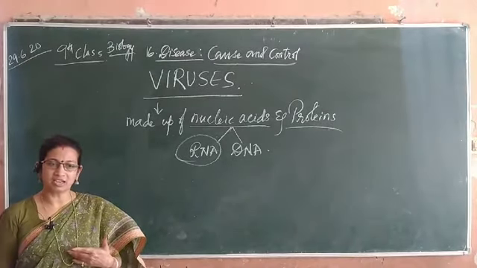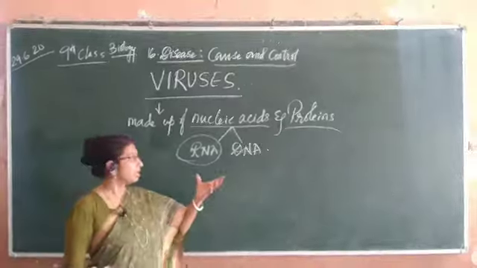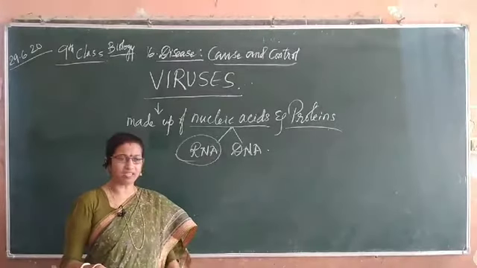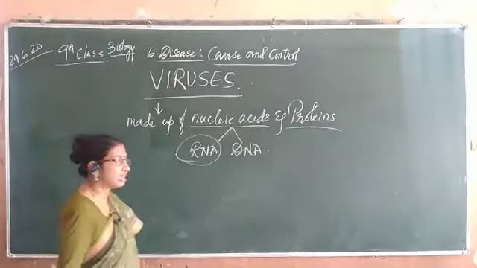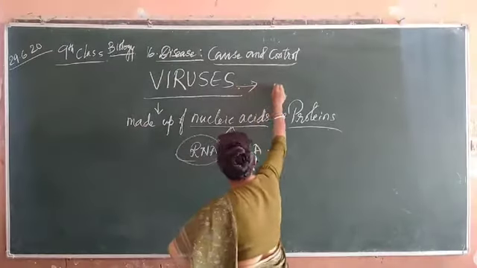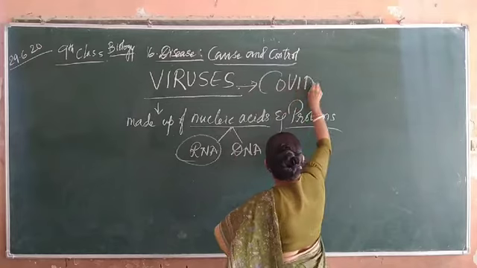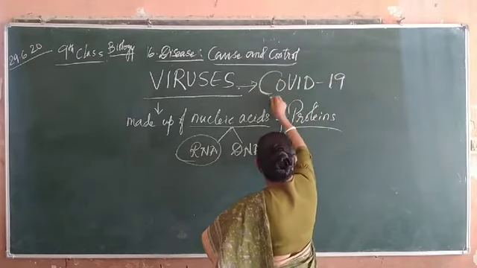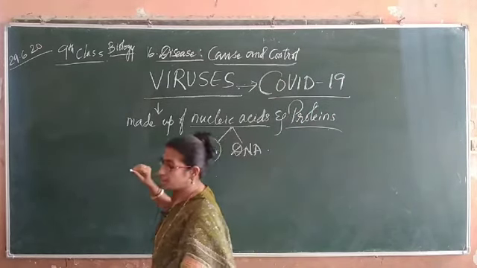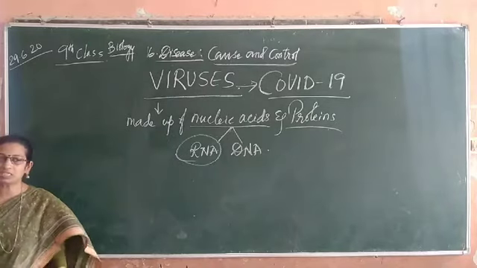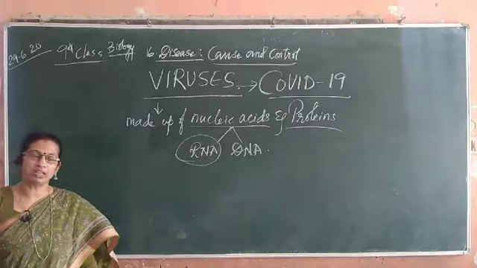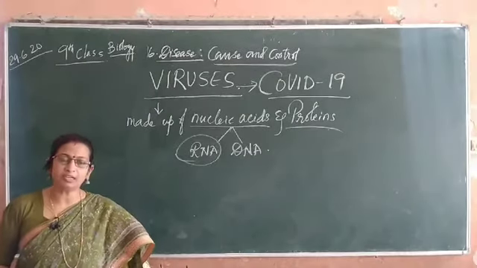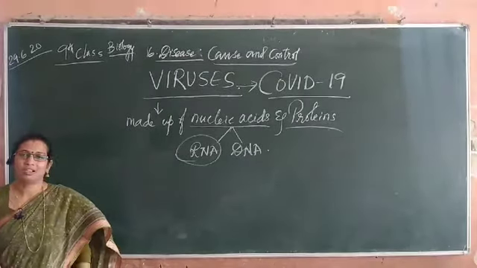So similarly, the best current example we can discuss today about a virus is COVID-19, which is a virus which has shaken the entire world, and the entire world is suffering from this COVID-19, which is a deadly virus, whose structure is still a mystery, whose incubation period is still a mystery.